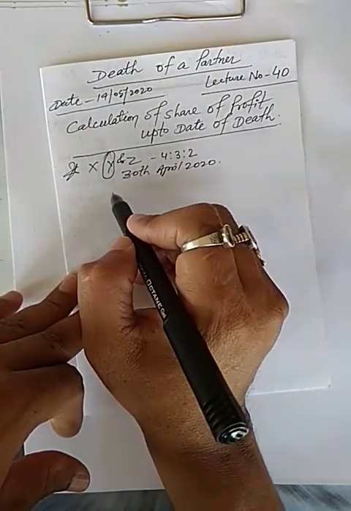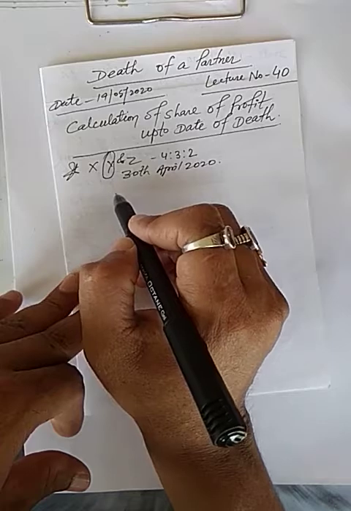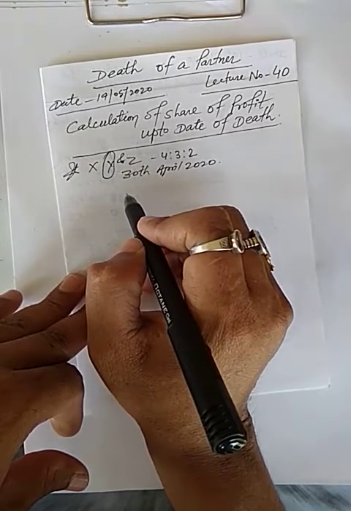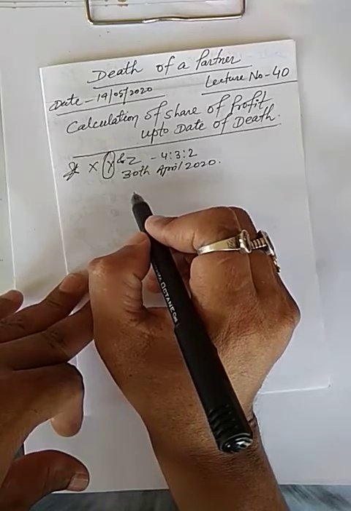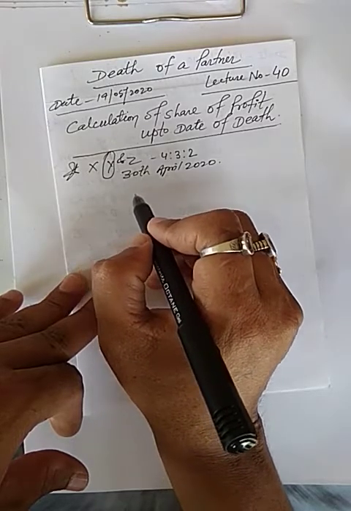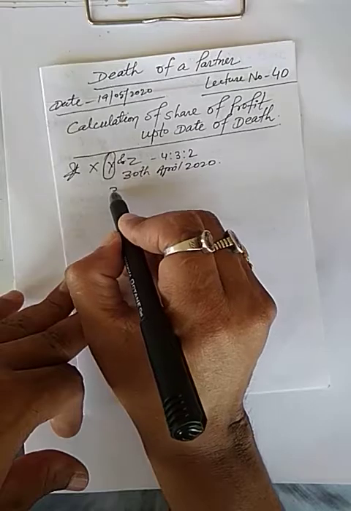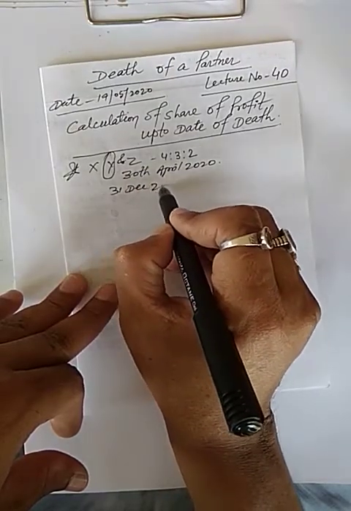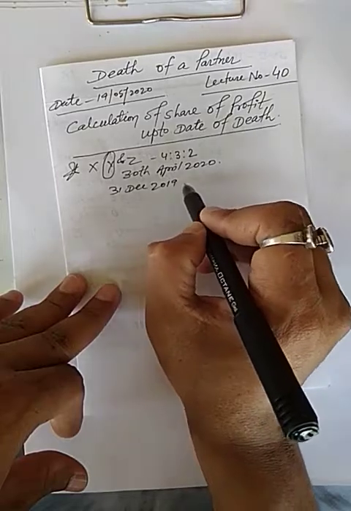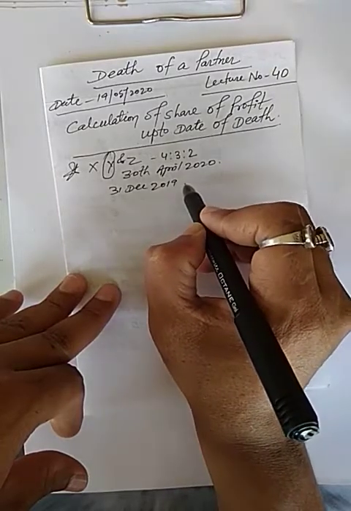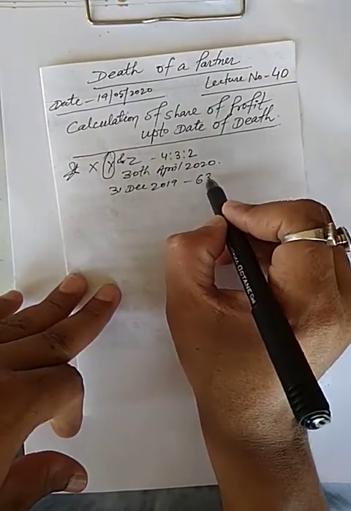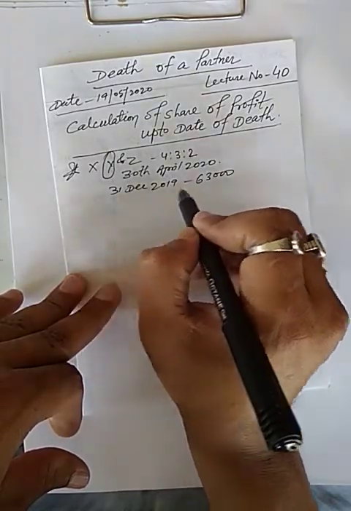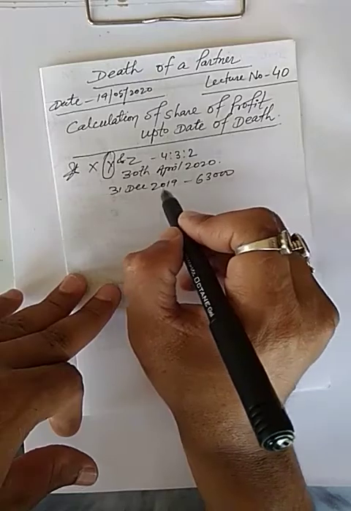The profit earned by the firm for the year ending 31st December 2019 was 63,000. Calculate Y's share of profit.